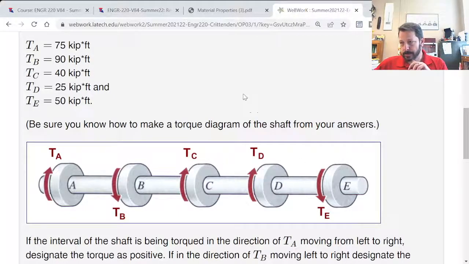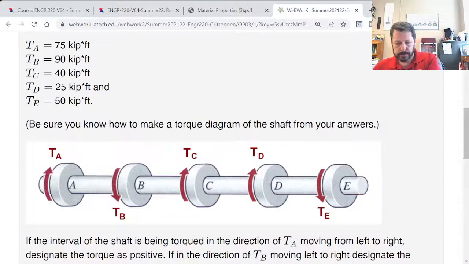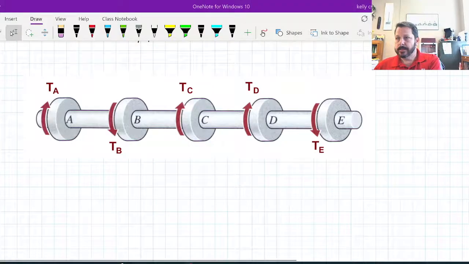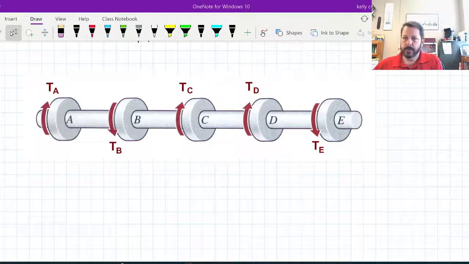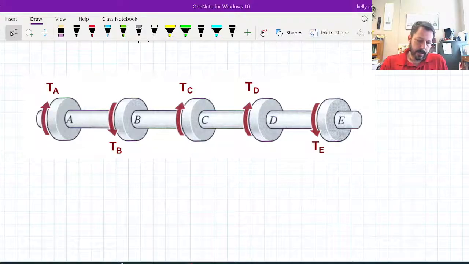So let's grab this picture, copy image, and put that in our notes. Here, yeah. All I did is copy and paste. Let's write in what my different torques are.